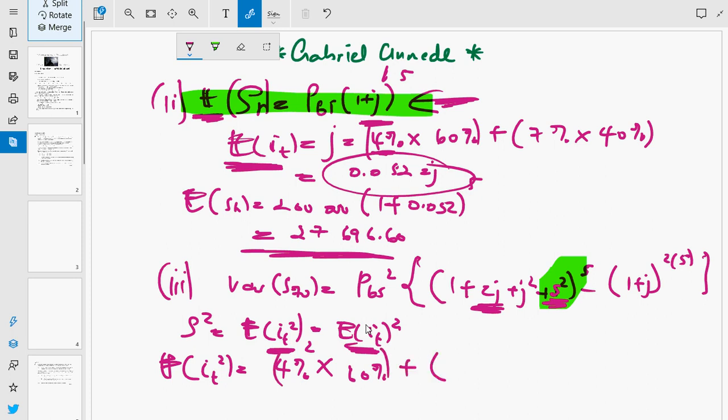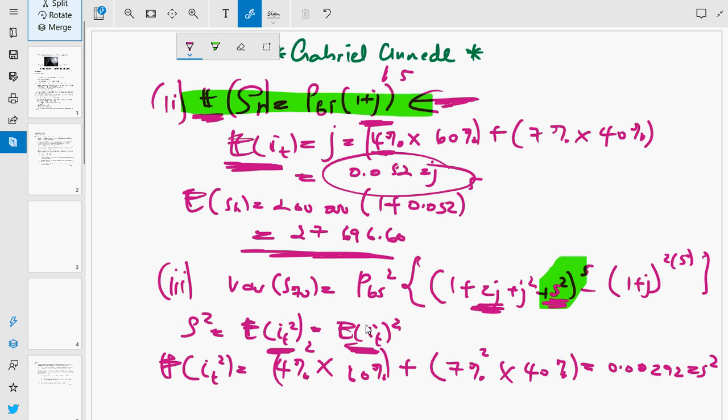I have to add there your 7% all squared, and I have to multiply this by our probability, which is 40%. Punching this in your calculator, you're going to get 0.00292. So that is your s squared.